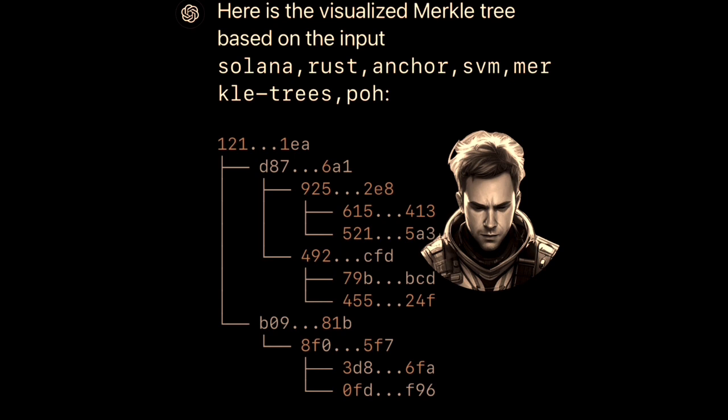In this particular case, this program is using words like Solana, Rust, Anchor, but if you replace them with transactions, this is how you can prove that transactions actually belong in a blockchain in a particular block at a particular time, and so on and so forth. But anyway, this is just the background of what Merkle trees are, and it's not really the point I was going to make.